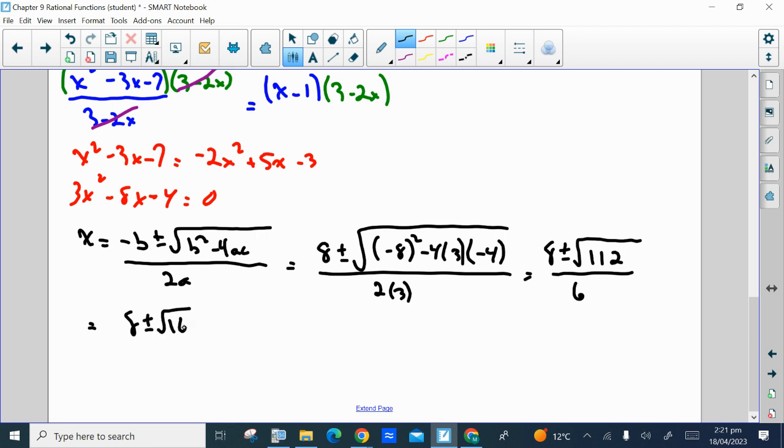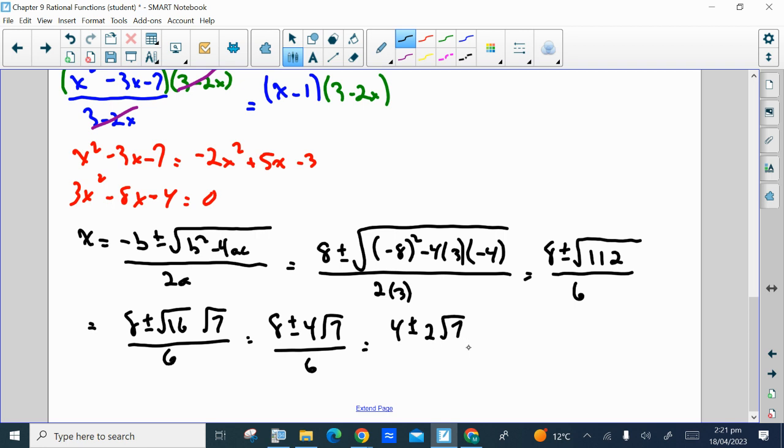And we would do this just so we can simplify the answer. Because the root of 16 is 4. And now all three terms are divisible by 2. And that gives us our simplified answer as exact values.